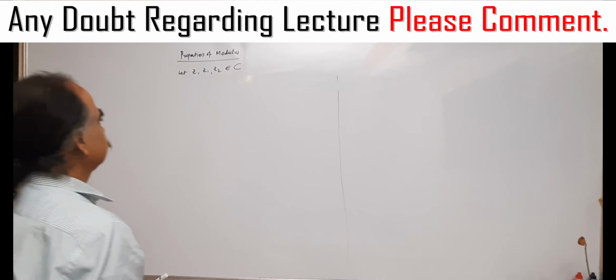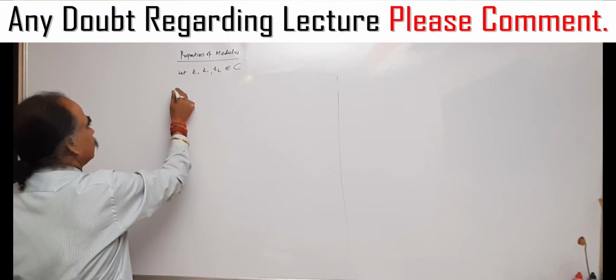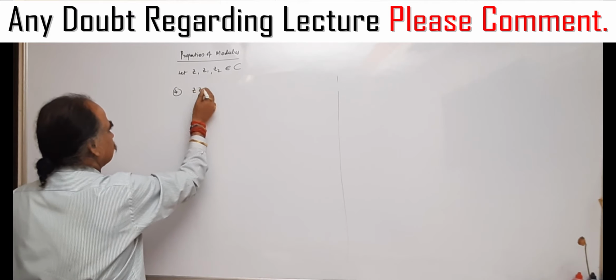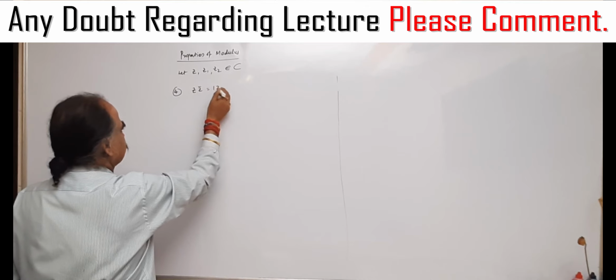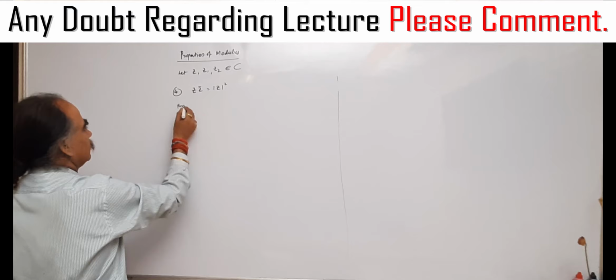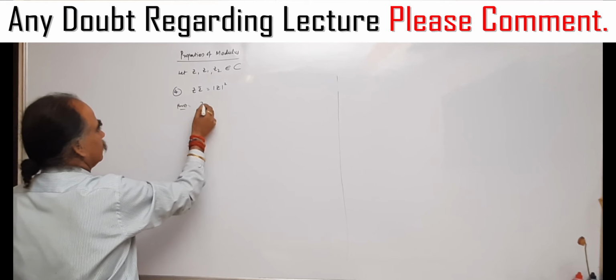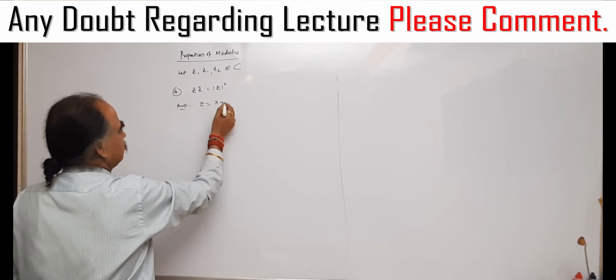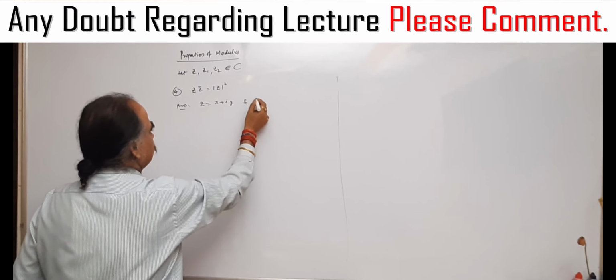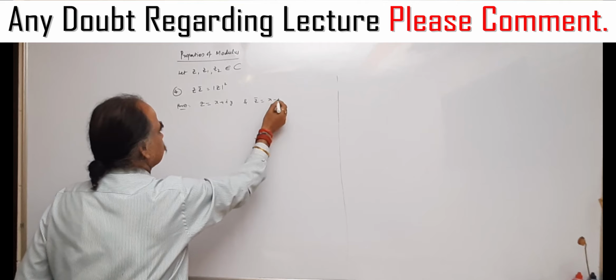Okay, next is z into z bar is mod z square. Z is x plus iy and z bar will be what? x minus iy.